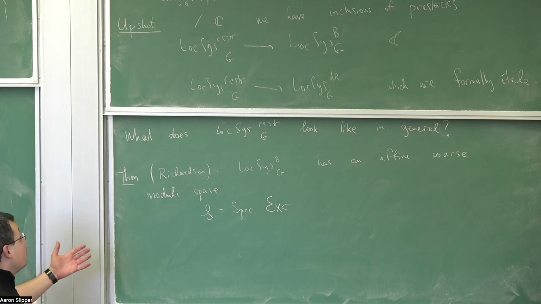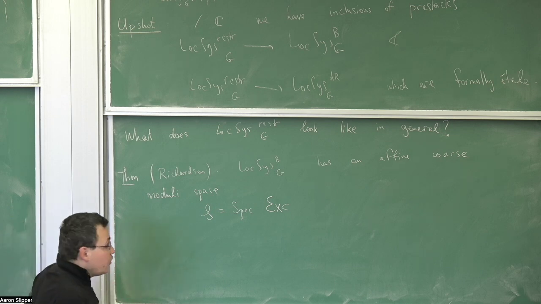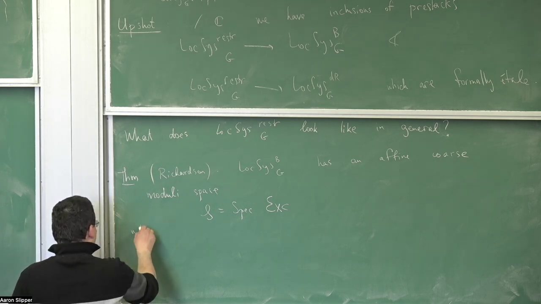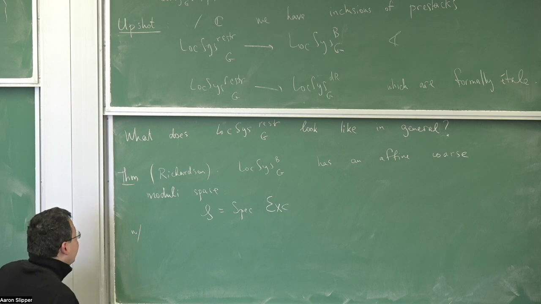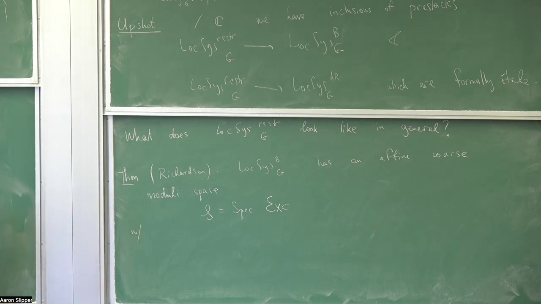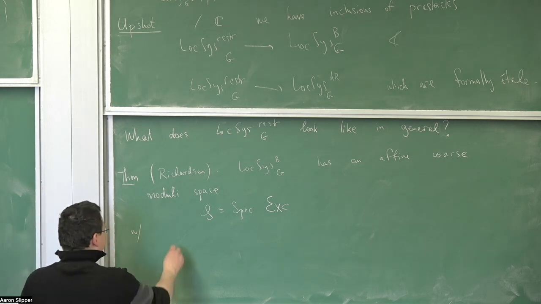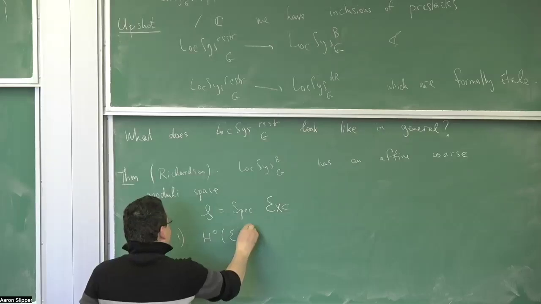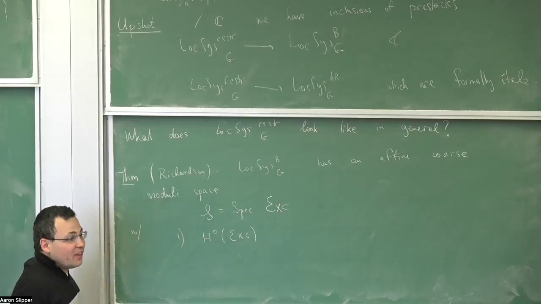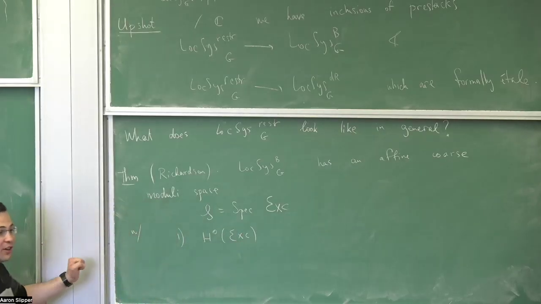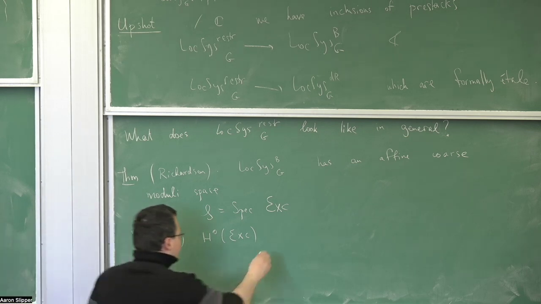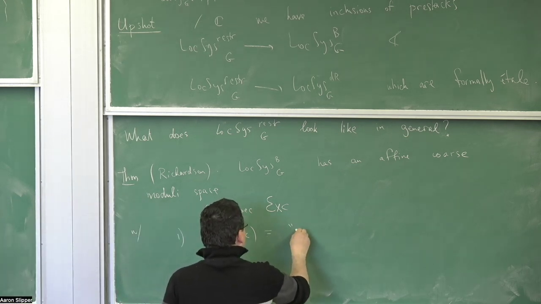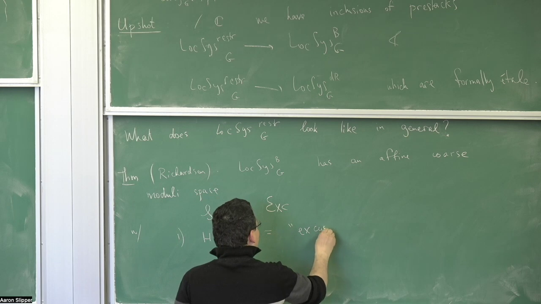So in general, this is derived. This isn't how Richardson stated it, certainly not. But the first statement is that H0 of this thing is in general derived, say, these excursion operators.